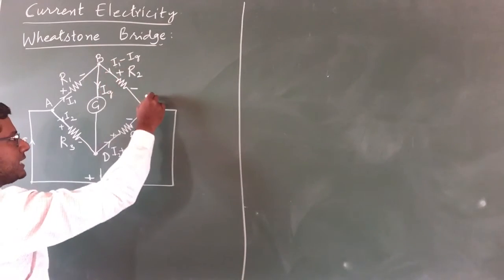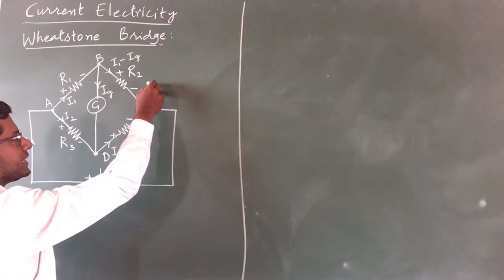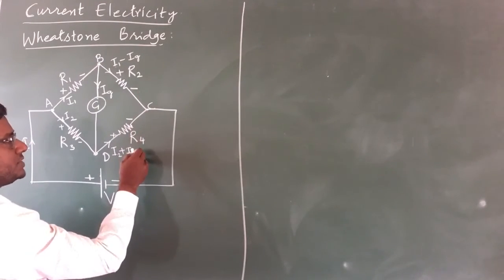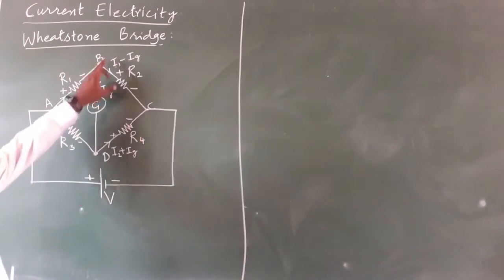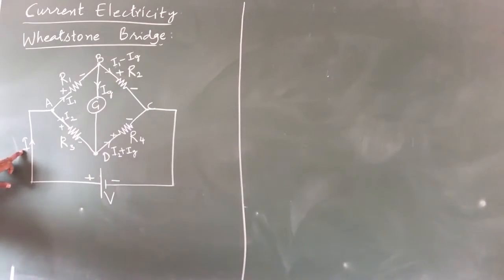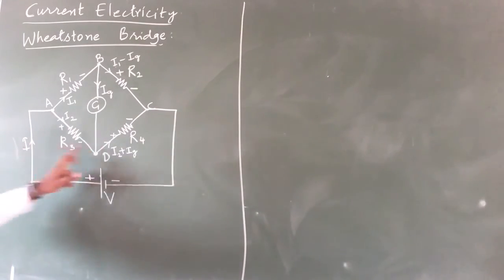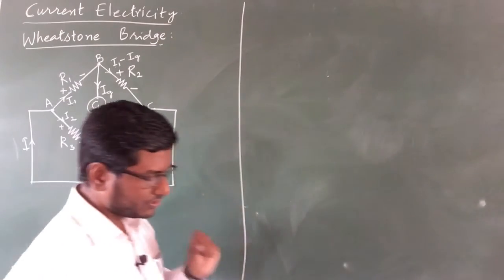Minus Ig from the top, plus Ig from the bottom, both are going to get cancelled. I will get only I1 plus I2. What is I1 plus I2? It is our original current, and that current will flow back to the battery. So that is the explanation of the circuit.